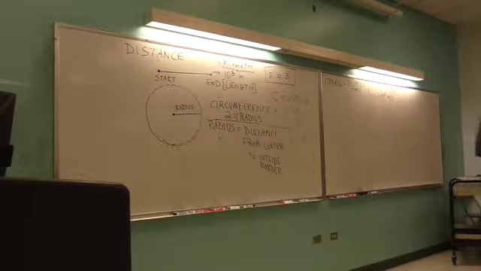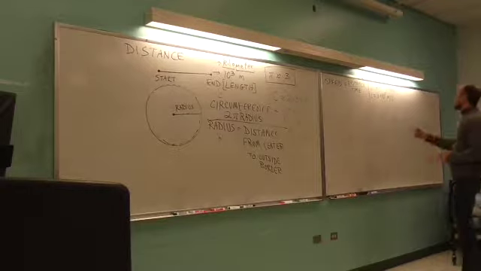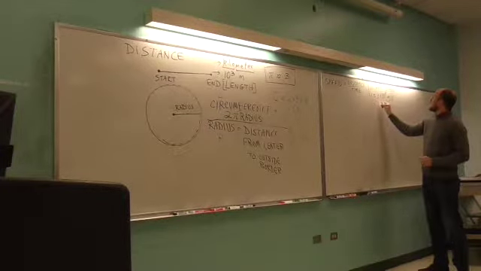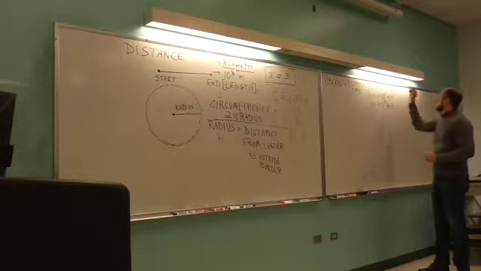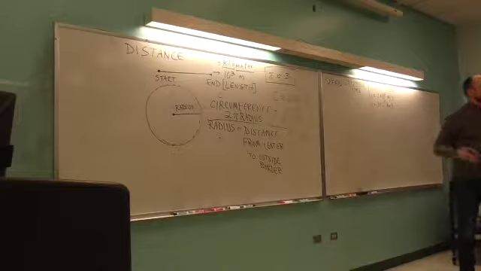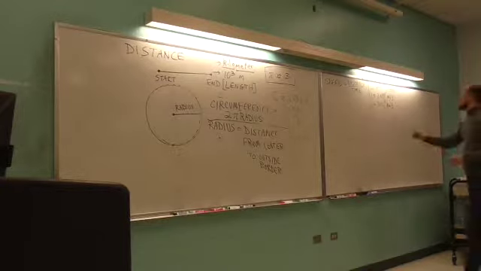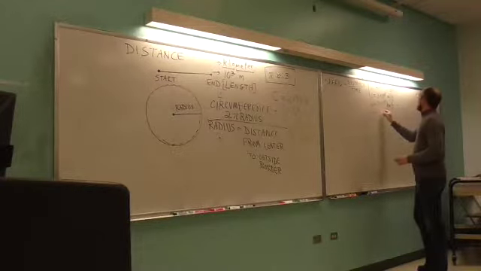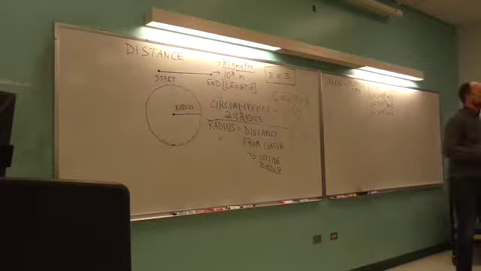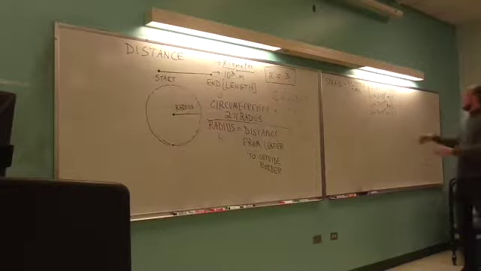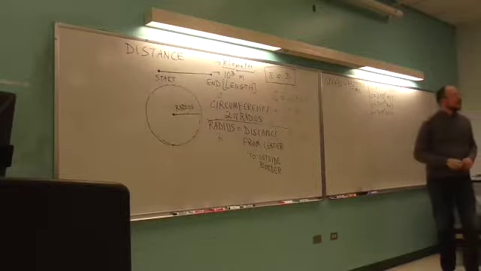Another way you could write this, exactly equivalent, is 3 times 10 to the 5 kilometers per second. Or you could write that it's 3 times 10 to the 10 centimeters per second. Again, equivalent. So we're coming up with a lot of different ways to express light speed.